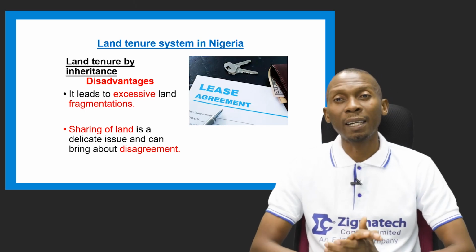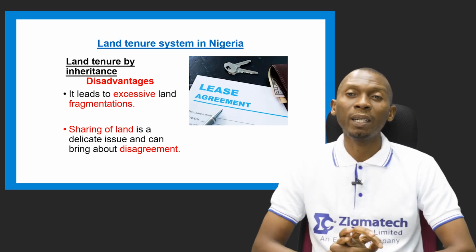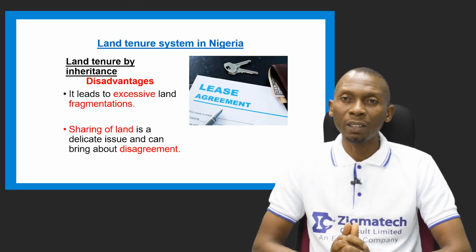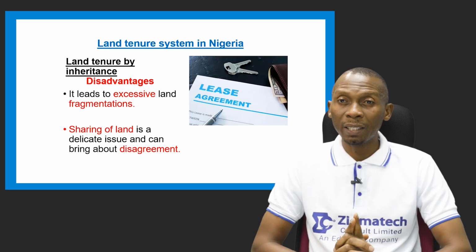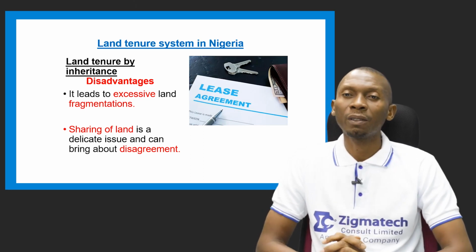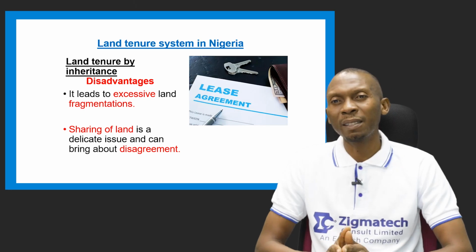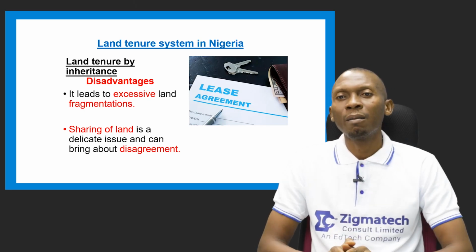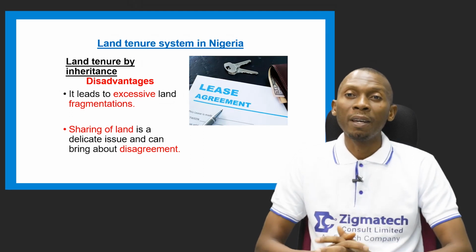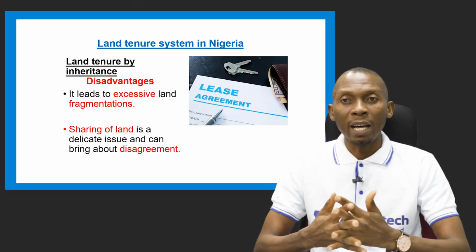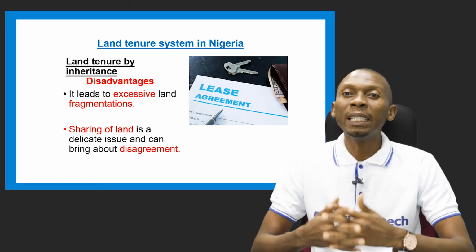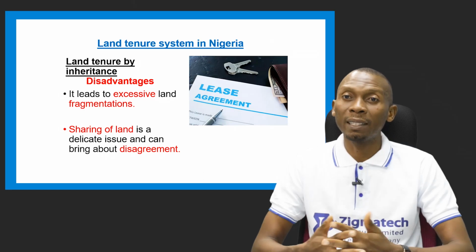Just as it has its advantages, so does the land tenure by inheritance also have its disadvantages. Now, one of the disadvantages here is that it leads to excessive land fragmentation. The word fragmentation means pieces broken down into various portions, because remember, a father will probably have many sons and many children, and so each of them will need to get their own inheritance as regards land.